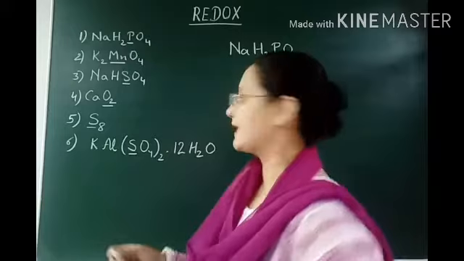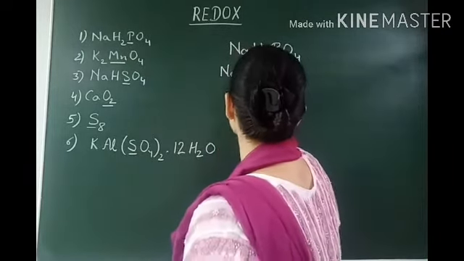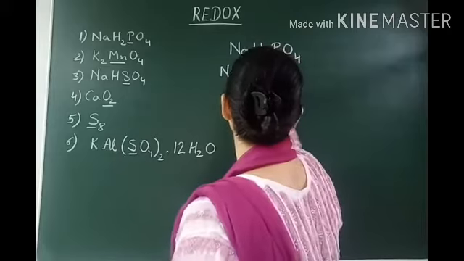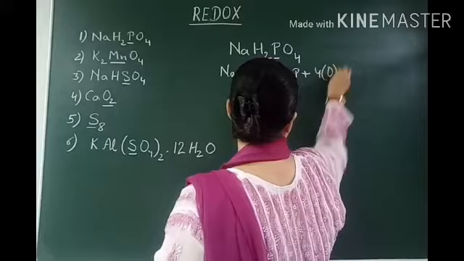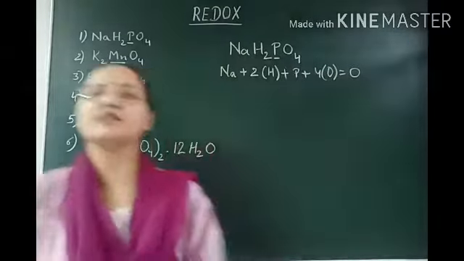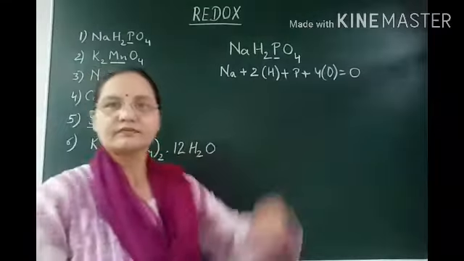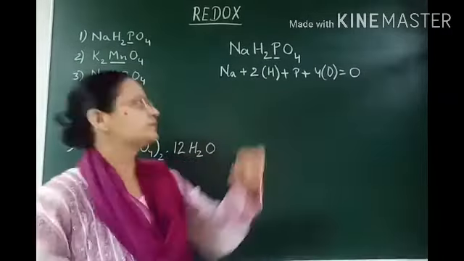So we can say that the oxidation number of sodium plus 2 atoms of hydrogen plus phosphorus and 4 atoms of oxygen must be 0 as per the oxidation number rule.